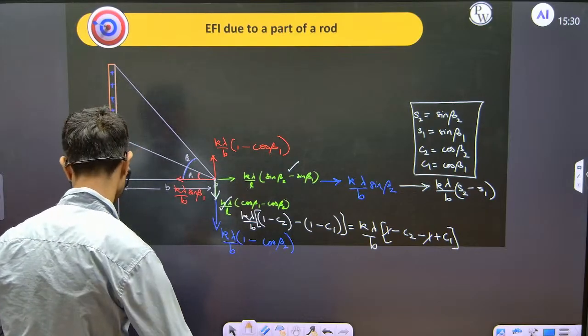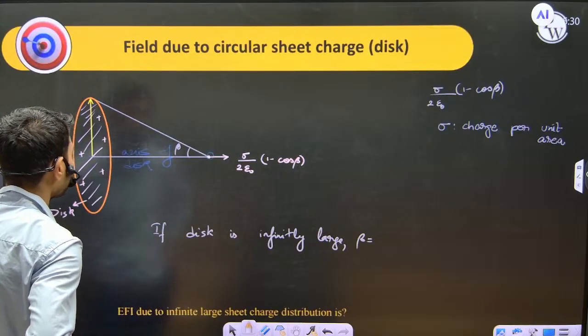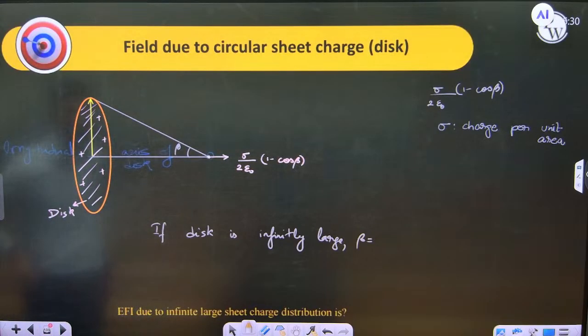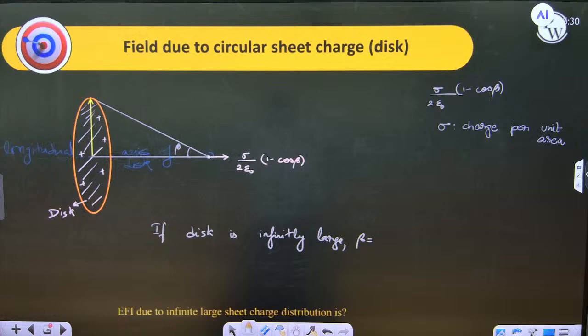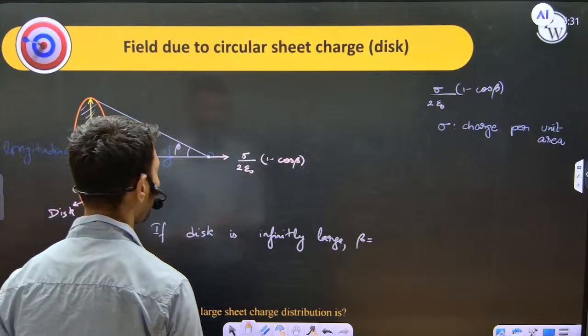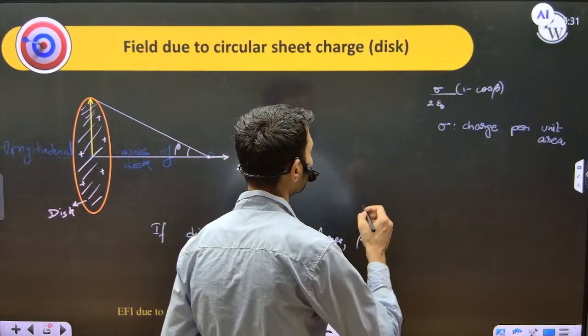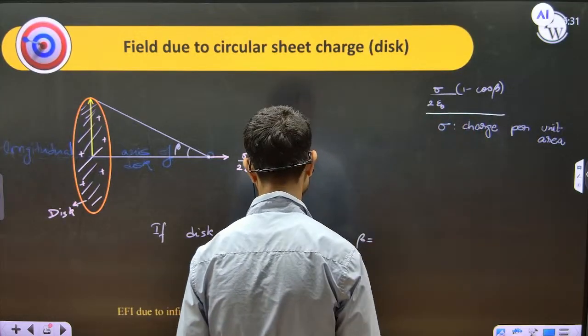Now let's go ahead. Find the electric field due to this circular sheet disk. So let us see what will be the electric field due to this circular sheet. So the formula is sigma by 2 epsilon naught into 1 minus cos theta.